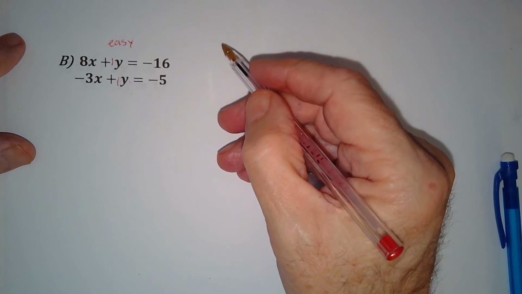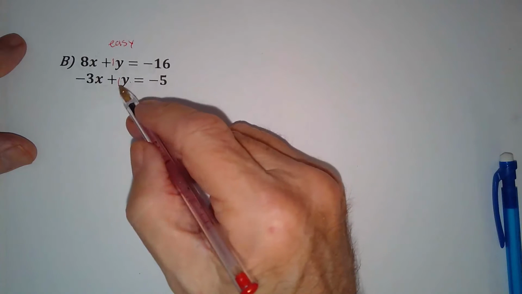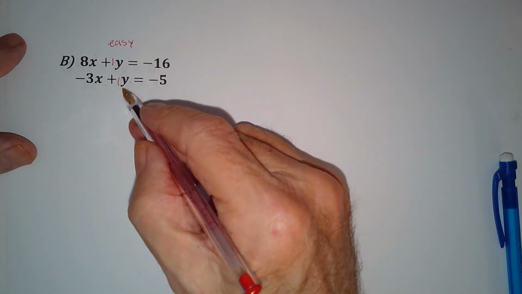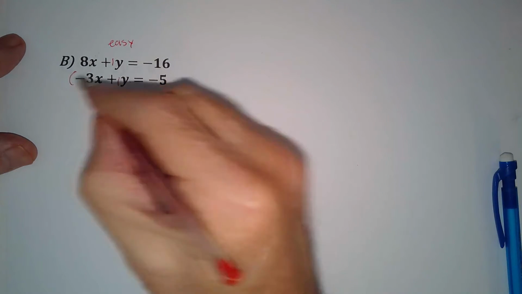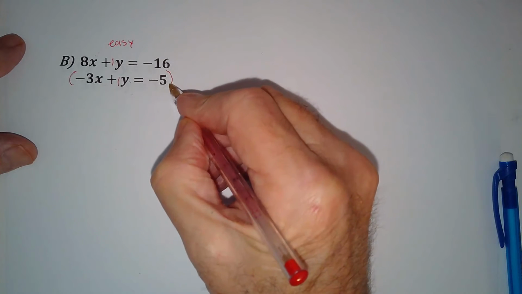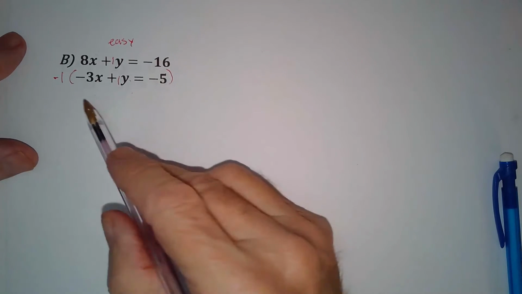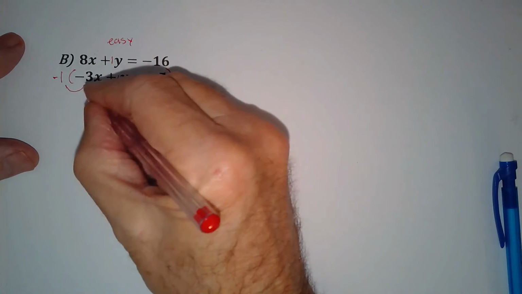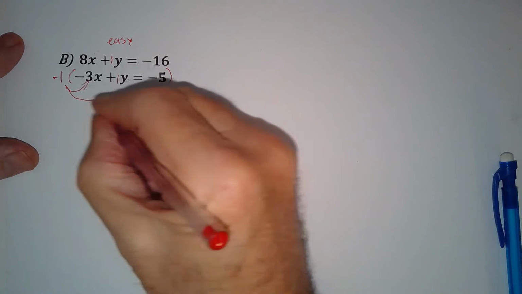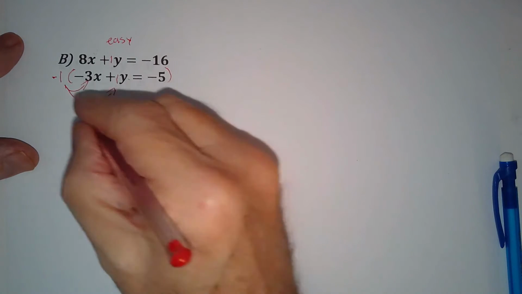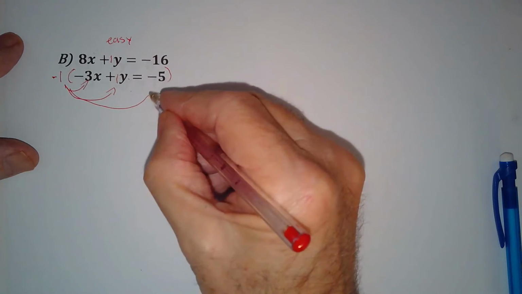And so since that's the case, to change this 1 from positive to negative, I have to multiply that entire equation times negative 1. And what I'm going to do is distribute that negative 1 to the negative 3 and to the 1y and to the negative 5.